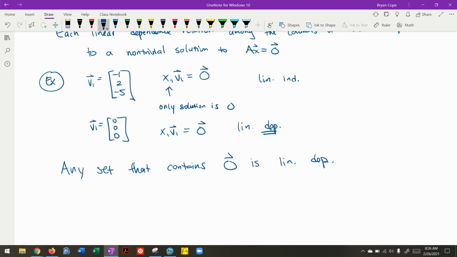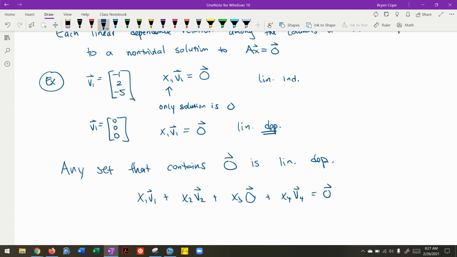Let's reason through that in a larger set. So suppose we have a set of 4 vectors in whatever space you want, and one of them is the 0 vector. So we would try to solve x1 v1 + x2 v2 + x3 (0 vector) + x4 v4 = 0.